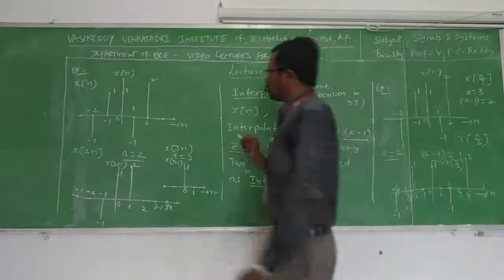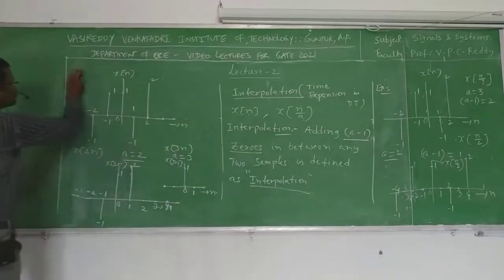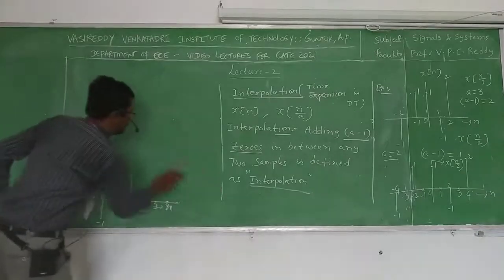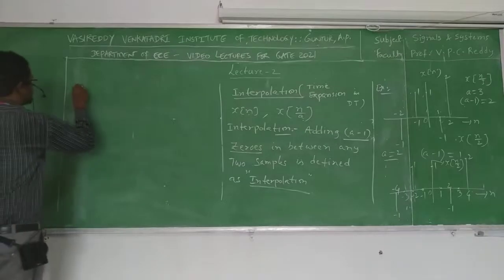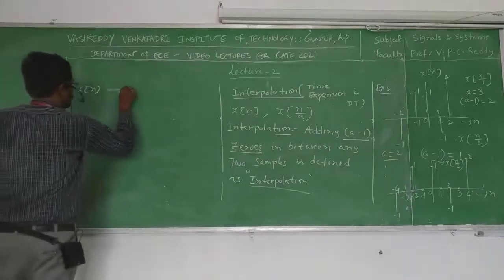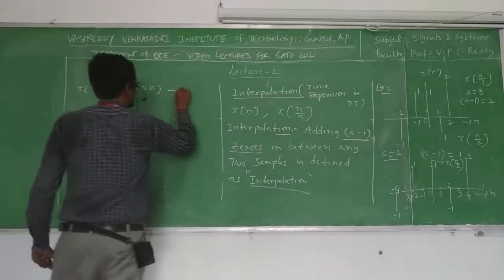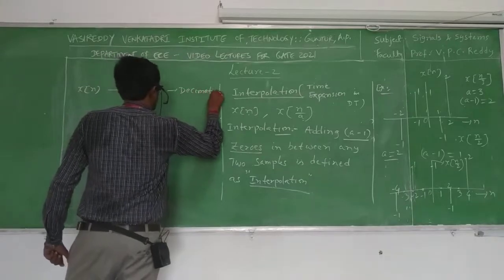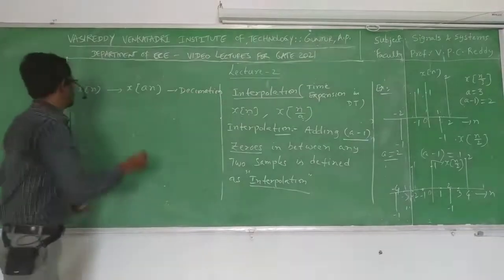Next we move on to time reversal. Before that, we will make one general note. If x of n is a given signal, then x of an is the decimated version, or you can say decimation, nothing but time compression in discrete time.